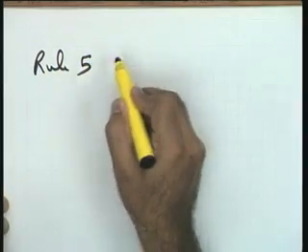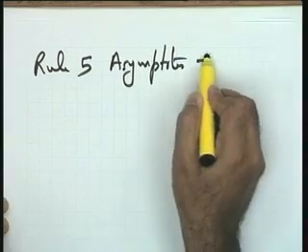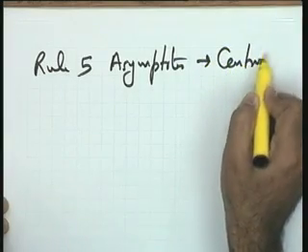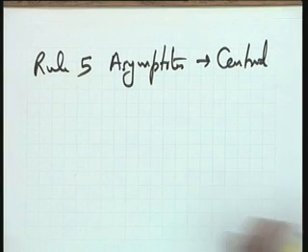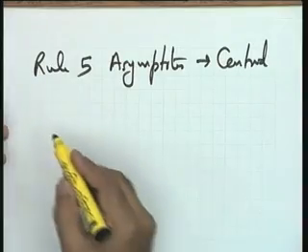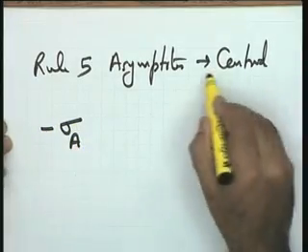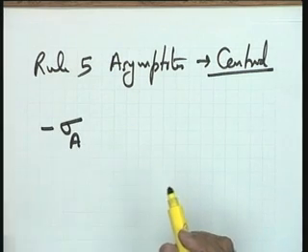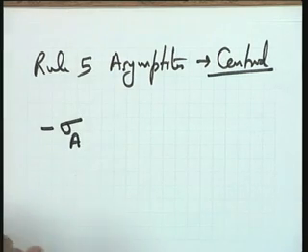Rule 5, let me say: you see that asymptotes you have already taken, but what is the centroid of the asymptotes? From which point on the real axis should we draw these asymptotes? Directions, angles we have taken, but what is the point with respect to which the angle should be measured? That particular point has been referred to as the centroid. The centroid is a point on the real axis, and from the centroid you are going to measure the angles.